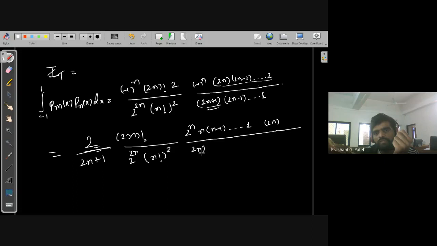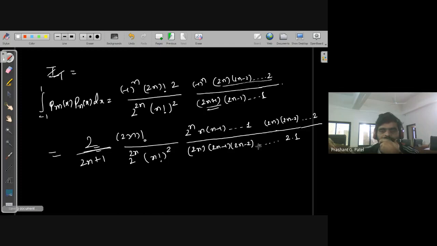So 2n is multiplied, 2n minus 1 is already there. Then I multiply 2n minus 2 and divide 2n minus 2, and so on, up to 2 multiplied into 1. So the last term is 2 there. So this quantity is actually 2n factorial, and that 2n factorial is cancelled out with this.